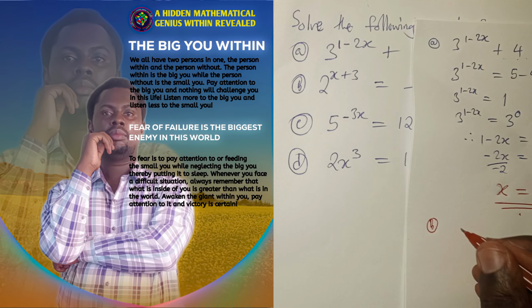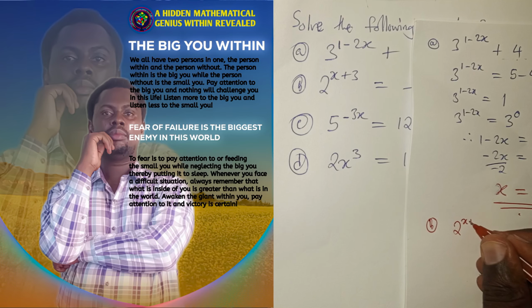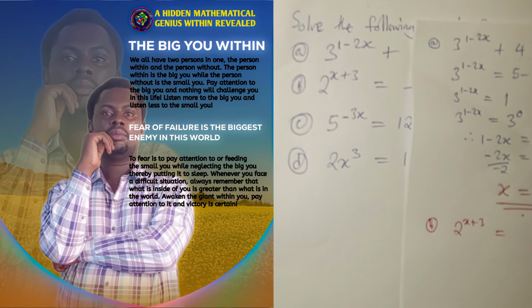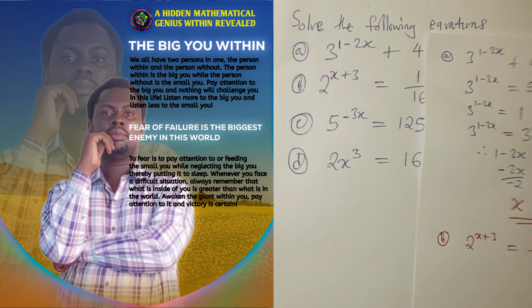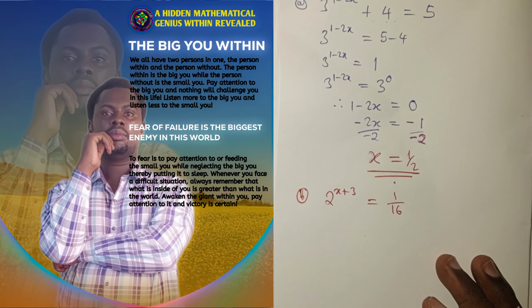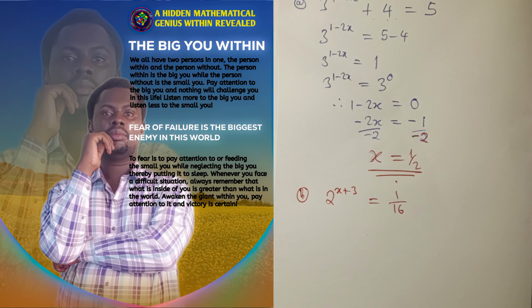B, we have 2 to the power x plus 3 is equal to 1 over 16. So for this one, where we have 1 over 16 this side, we need to make sure that we only have a base and the power.